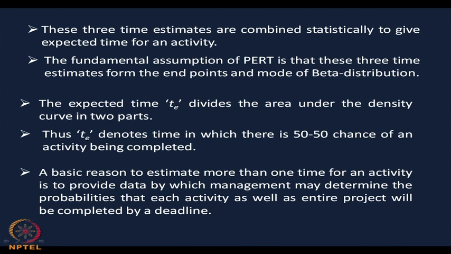The fundamental assumption of PERT is that these three time estimates form the endpoints and mode of a beta distribution. I am not going into the beta distribution. What is beta distribution?